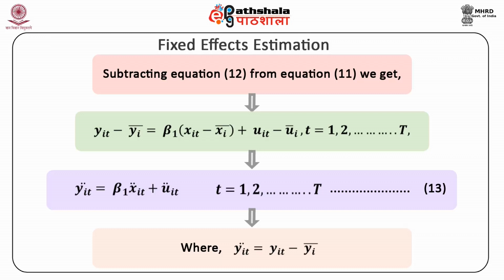Note that the unobserved effect, that is alpha_i, is not there in equation 13, which suggests that this equation should be estimated by pooled OLS based on time demeaned variables. The estimator that we get from this is known as the fixed effect estimator or within estimator.